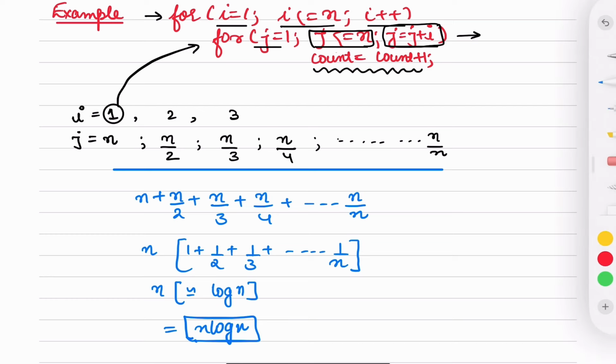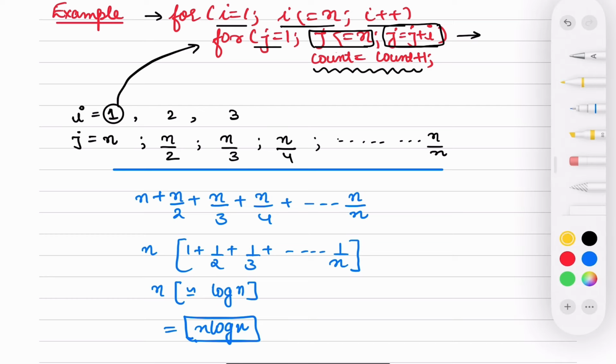You may have a question: how does this become log n? We will see this in the next video, which we call efficiency classes. We take an approximate value: the rule of thumb for these kinds of series is that they are dividing the input, so we take them as log n.